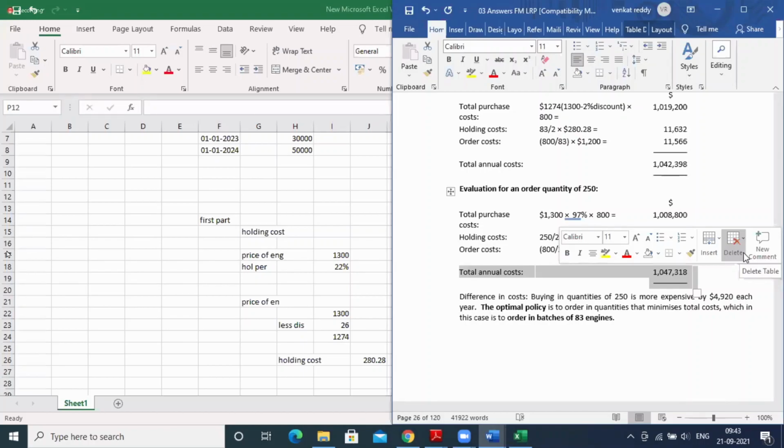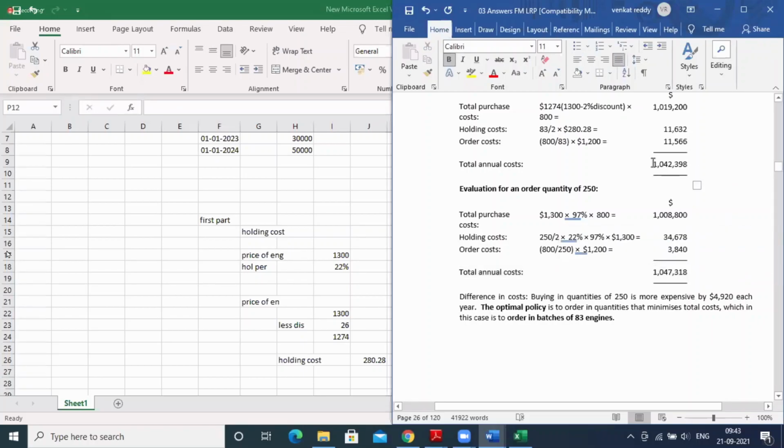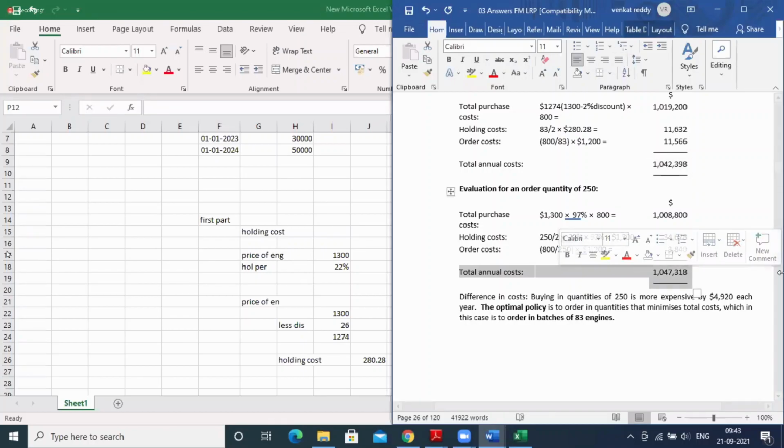Will you go with EOQ or will you prefer to order 250 units for availing the maximum discount? Here you can compare the total inventory cost with EOQ and with maximum discount. So which one do you suggest? Yes.